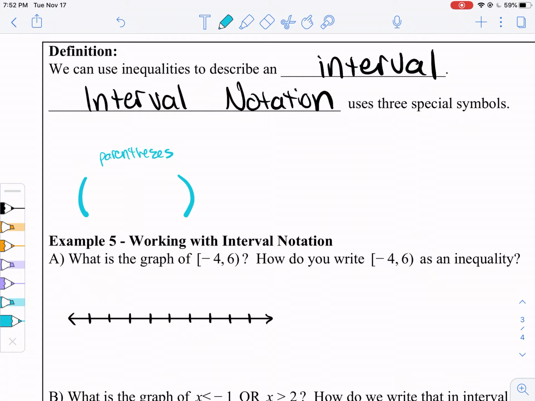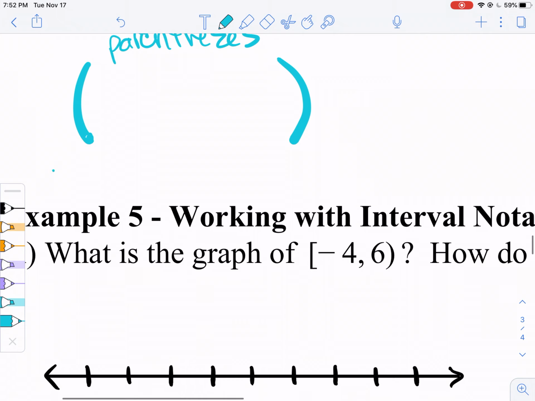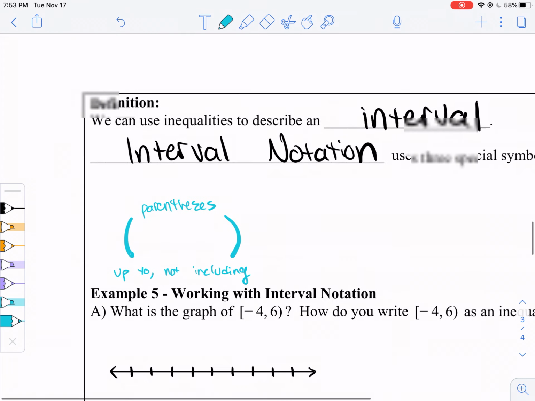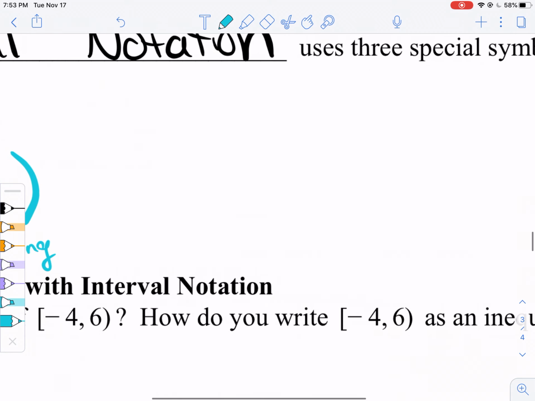Parentheses mean not included, up to but not including. So if you have a strictly less than or a strictly greater than, you're going to use parentheses. I'll show you some examples.